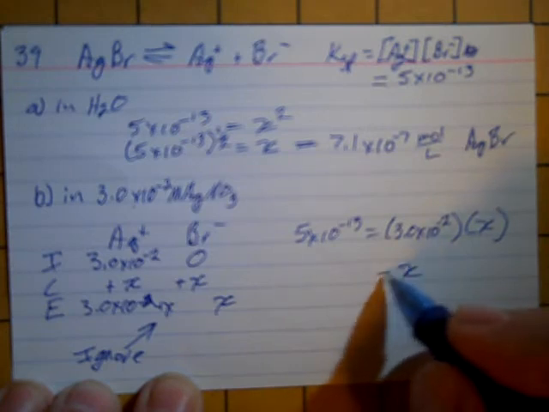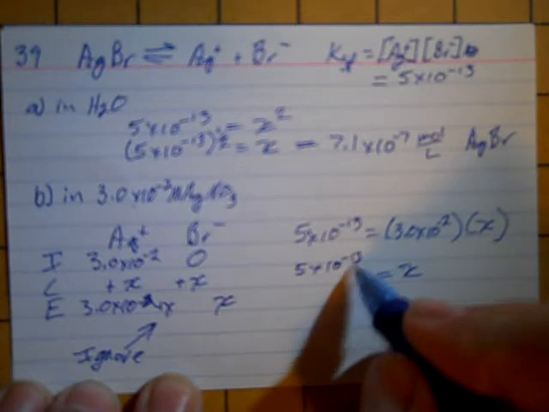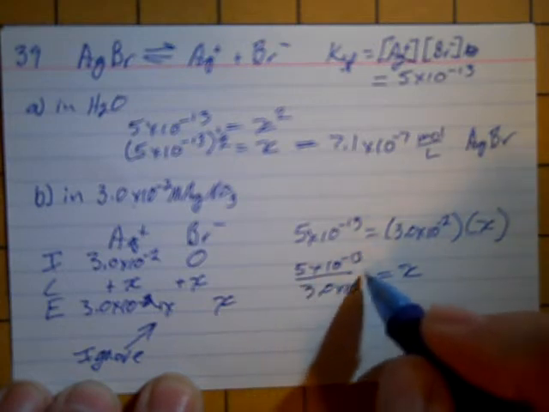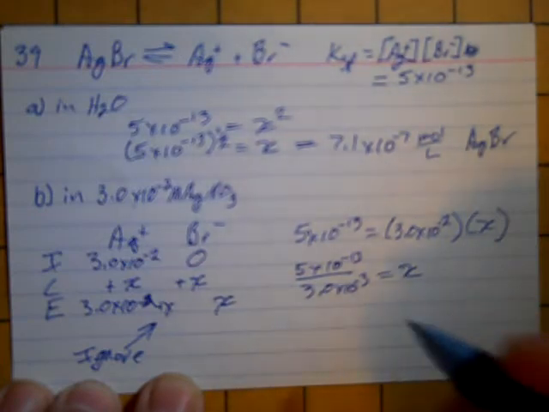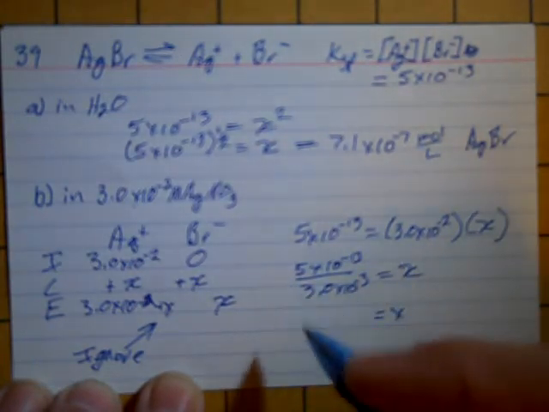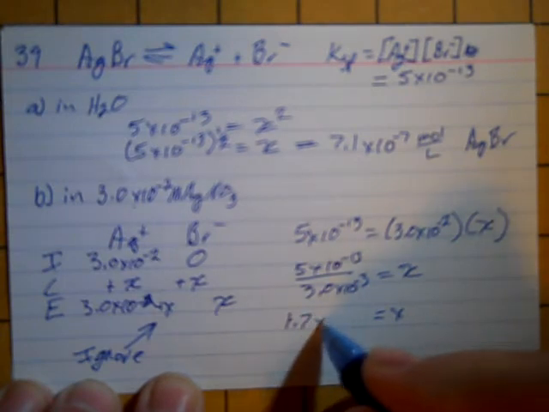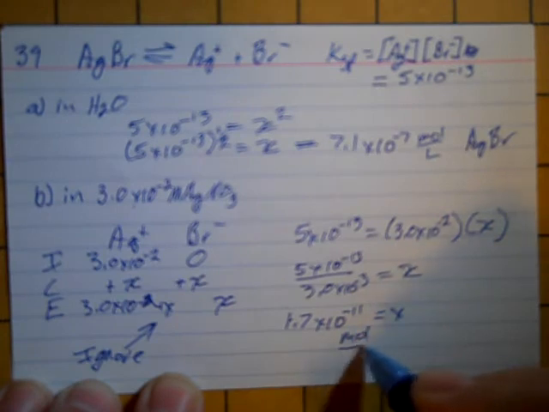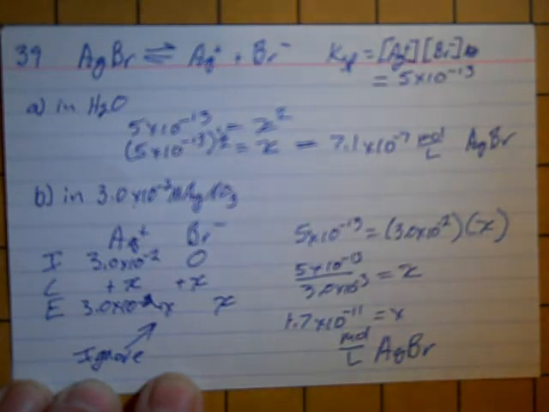So x equals the KSP value divided by the silver, 3 times 10 to the negative 2, and that turns out to be 1.7 times 10 to the minus 11 moles per liter of silver bromide.